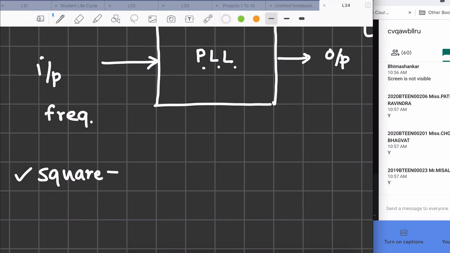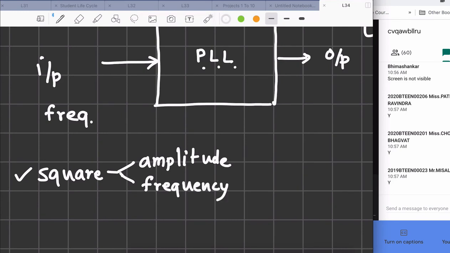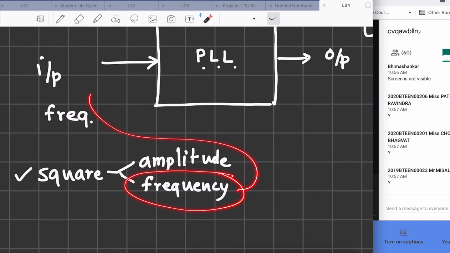The information inside the square wave will be its amplitude and frequency. Phase is also there, but we'll pick up only these two. Out of the two, we'll use the frequency information. This will be considered as the input signal.